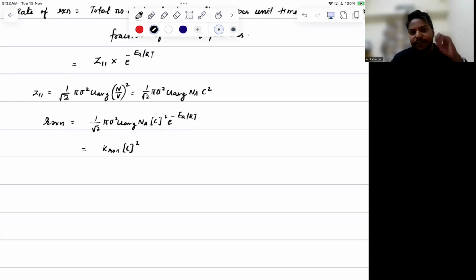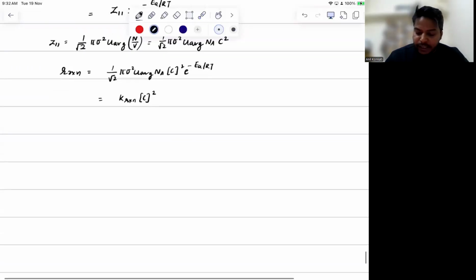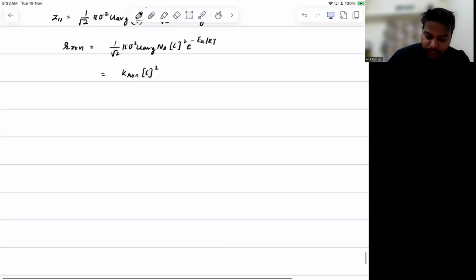Obviously, if it is a bimolecular collision, if two particles are colliding with each other and it is an elementary reaction converting directly to products, then I can say that it is second order kinetics. So that's why the order is 2, and this is now a rate law expression.